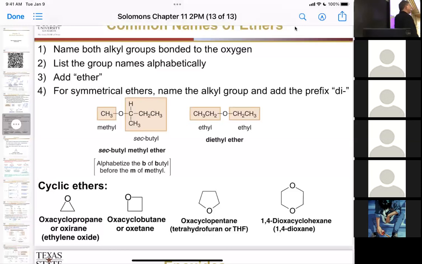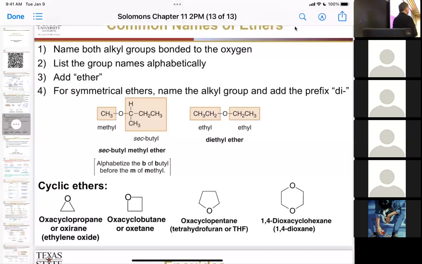We're going to take care of that oxygen by putting the word ether at the end. So we have methyl and we have sec-butyl, and we alphabetize them. And remember, sec doesn't count toward alphabetization, but isopropyl does. If it's got a dash, it doesn't count for alphabetization. So the butyl comes first, space, methyl, space, ether. You know it's a common name because it has spaces, okay?